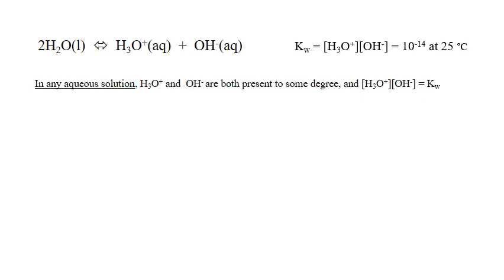Now, that's not exactly true. What really matters is the relative amounts. In an acid solution, you have much more H3O+ and probably a very tiny amount of OH-. In a base solution, it's vice versa. But they're actually both present in all aqueous solutions, and their concentrations always multiply out to Kw.